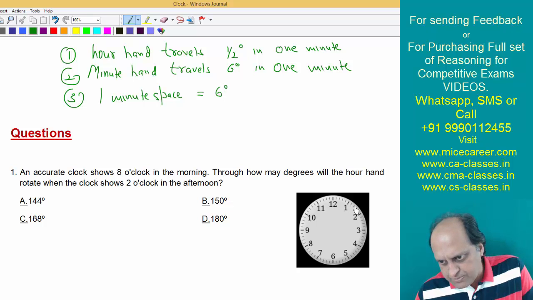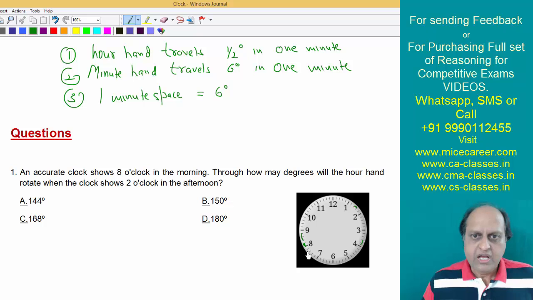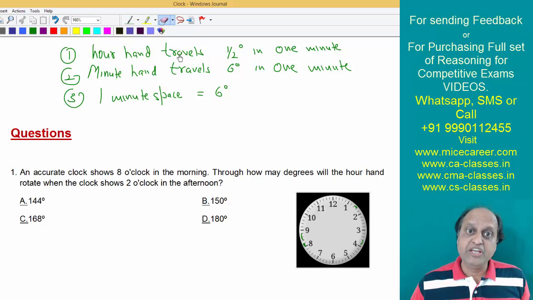This space, 1 minute, this space between 2 minute lines, is equal to 6 degree. If you remember these 3 points, I tell you, my dear, you can attempt any question in a very easy and systematic manner. No issue. You can do it very fast.